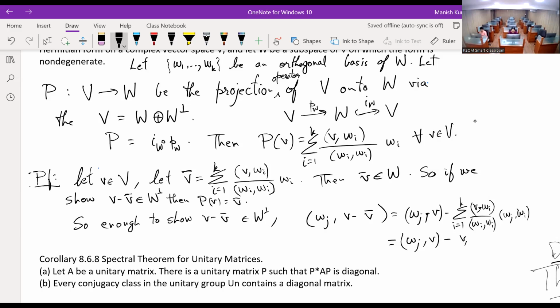Let's just write it down first. The only term which will survive is when i equals j, so this wj over wj cancels out and you'll get just this.